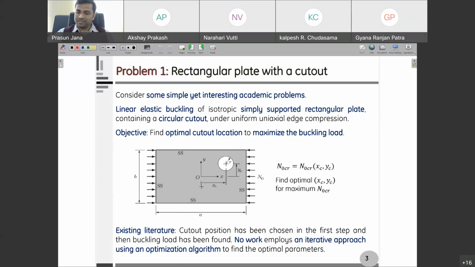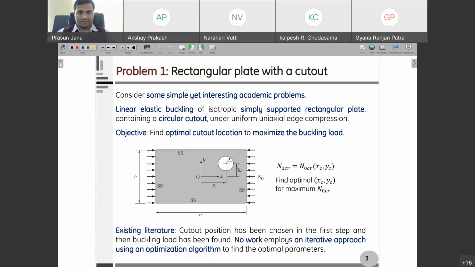There will be some differential equation that you have to solve. You will get a closed form solution, and with a symbolic package you can get that solution in algebraic form, and then you can see which parameter is influencing the final output.